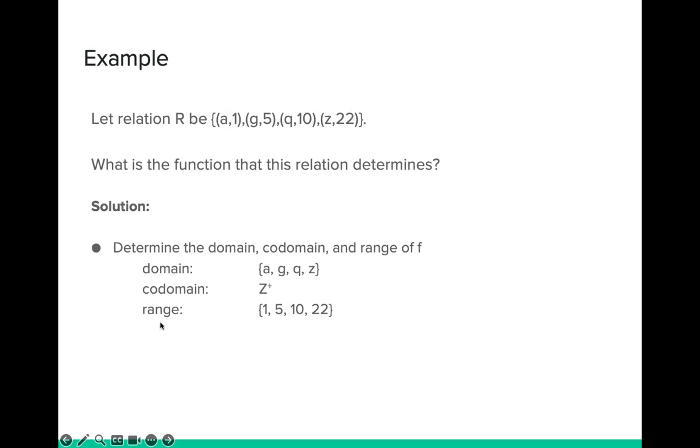Essentially, if we say the range, you can try to visualize the relation and map the elements in A into the elements of B. So the range will only contain those elements that are actually mapped or assigned to an element in A. All right?